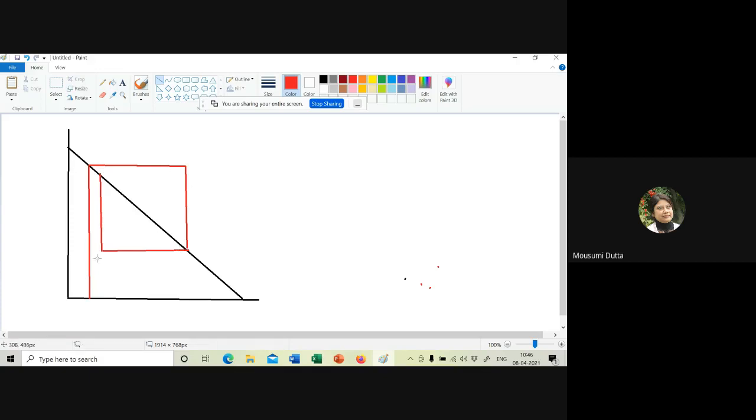Once I get this particular box, joining these 2 points, I'll draw the supply curve first, and then I'll consider rest of the movements. So I'm joining these 2 points and getting the supply curve.